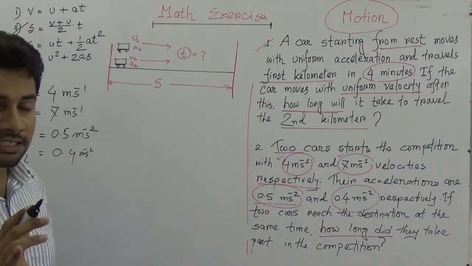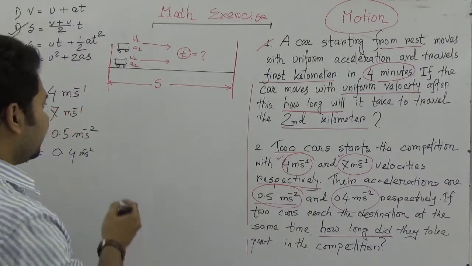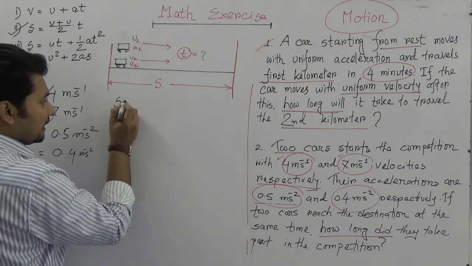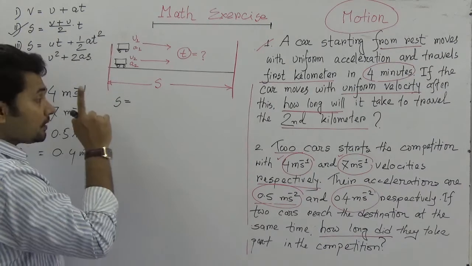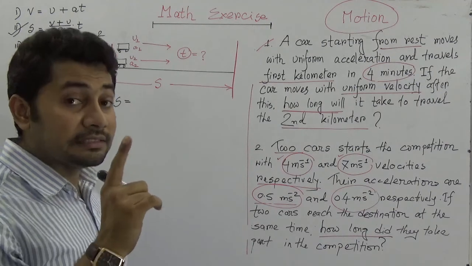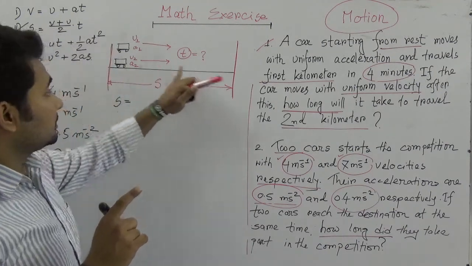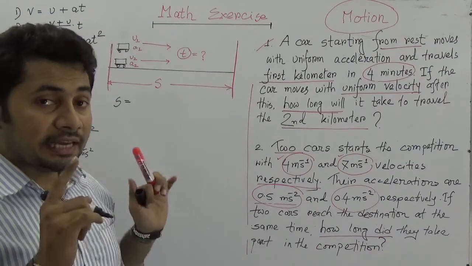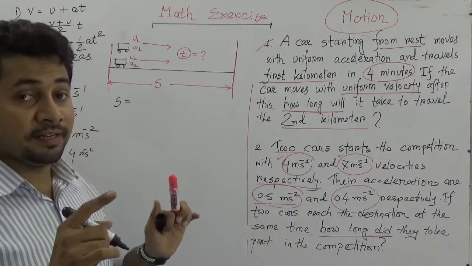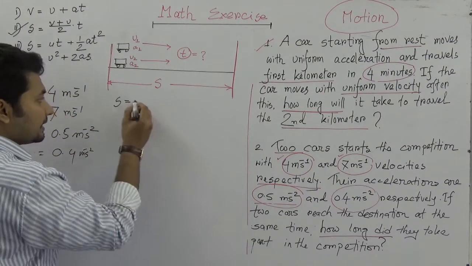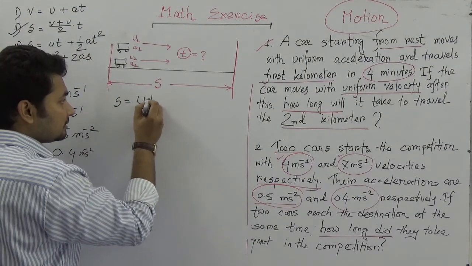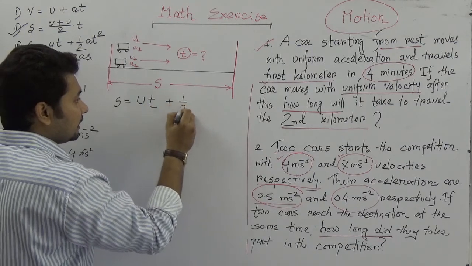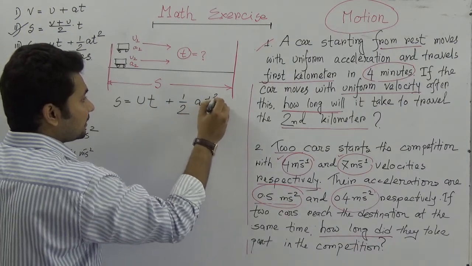If this is the condition, for the first car we need to find T, but no final velocity is given. So you won't use any principle related to final velocity. So we can say that s is equal to ut plus half a t squared.